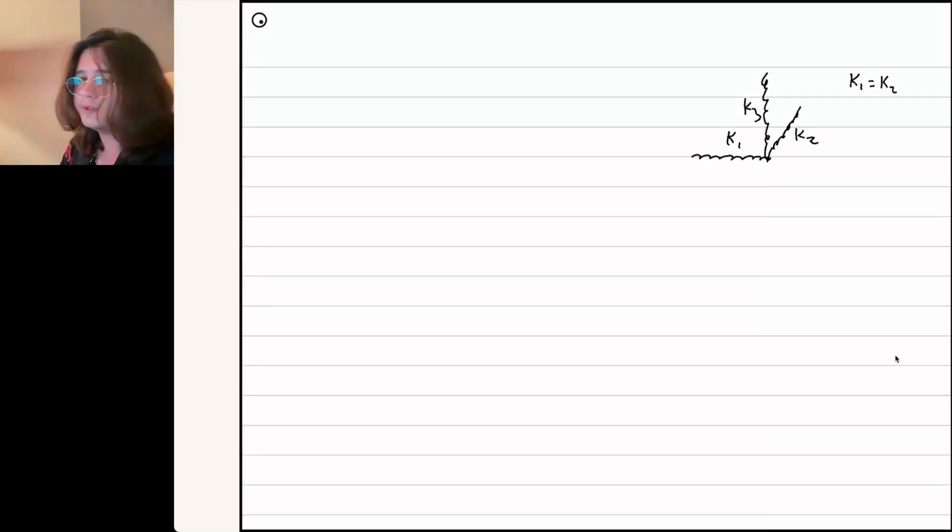All right, silly people, here's the situation. We just have a three-dimensional harmonic oscillator, which I've drawn in the form of springs, kind of poorly.